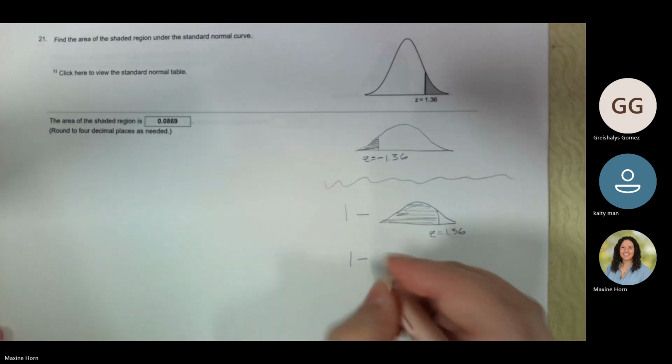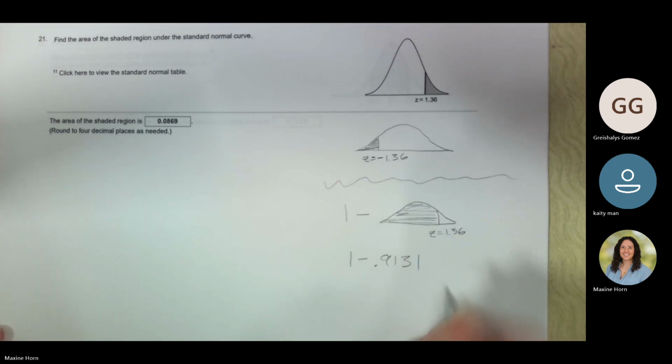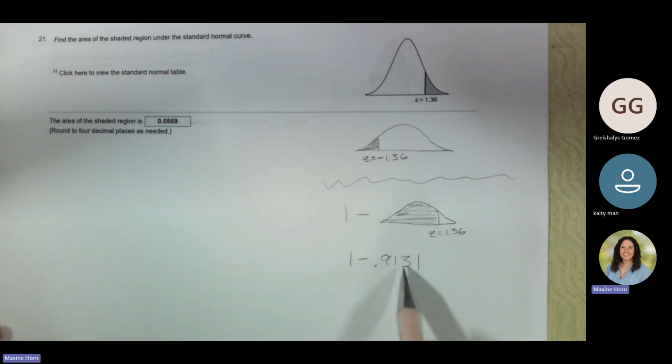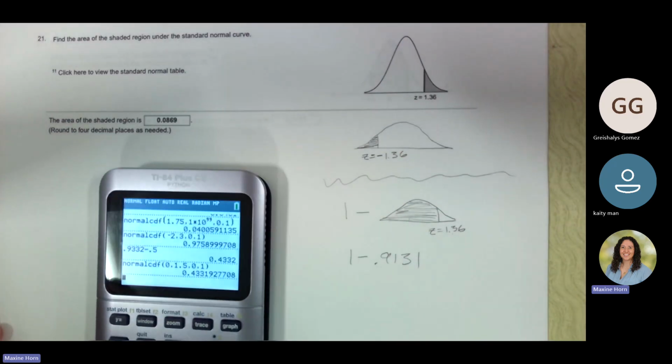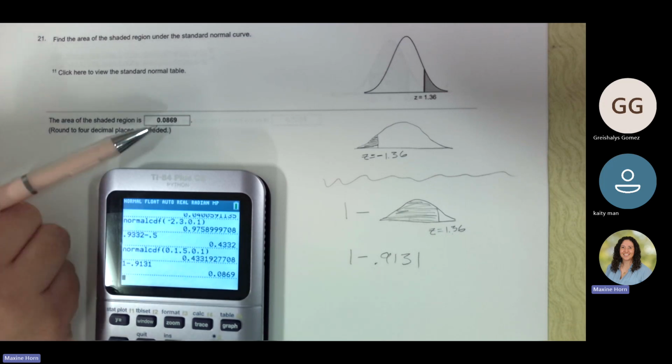Right? Yep, 0.9131. So again, that 0.9131, that's the area to the left. Well, I don't want the area to the left. I want the area to the right. So I just have to do 1 minus 0.9131. And I get 0.0869. Again, same number.